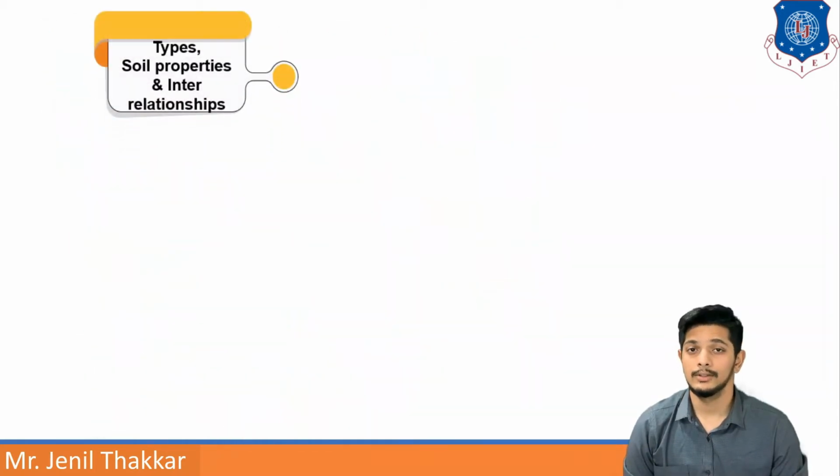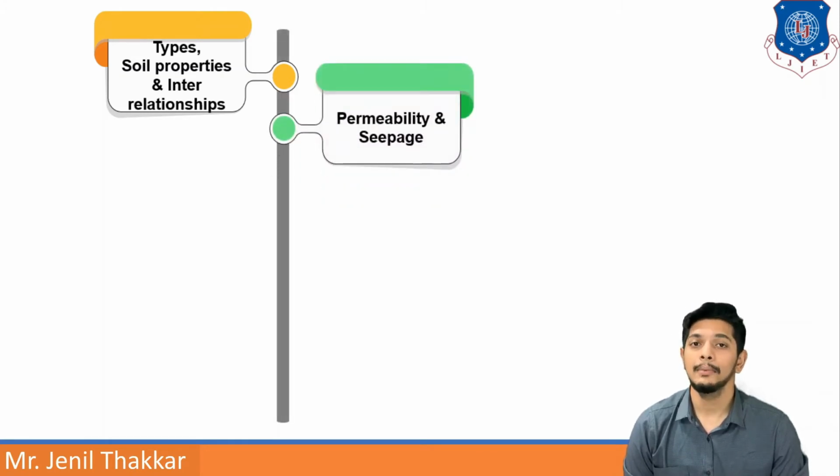So geotechnical engineering is made up of 7 modules. The first module deals with different types of soils, their properties and interrelationships between them. Second module, permeability and seepage. It deals with the capability of earth or soil to pass water through it.